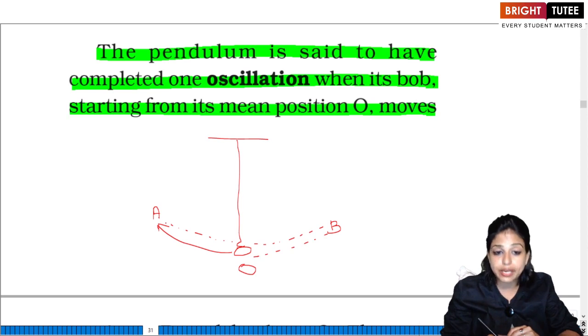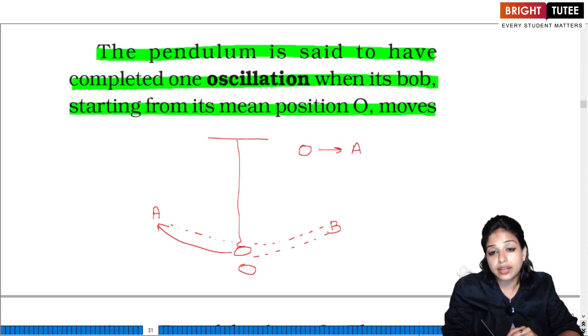So from O to A, from A to O, from O to B and B to O.